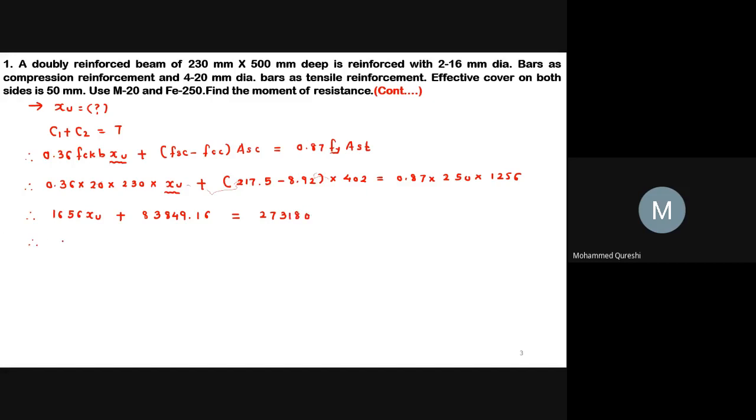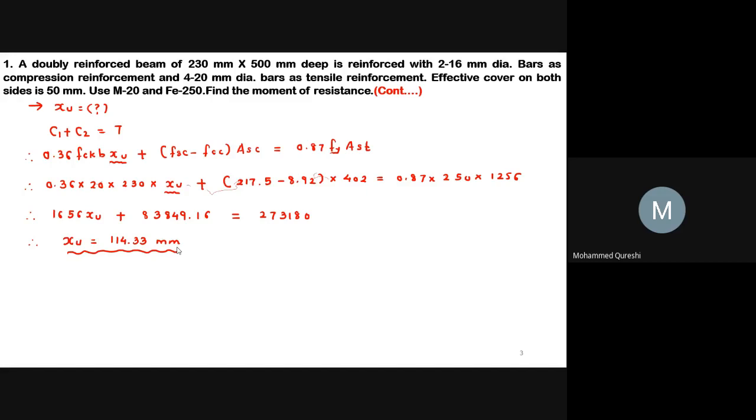And after simplifying the same equation, we will get the value of xu as 114.33 mm. So this is the value of depth of neutral axis xu. Now we have to check the section whether it is over reinforced, under reinforced or balanced section.